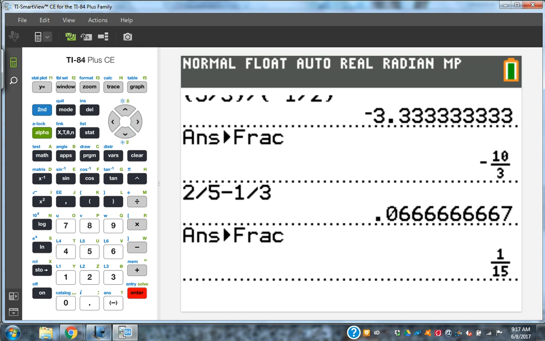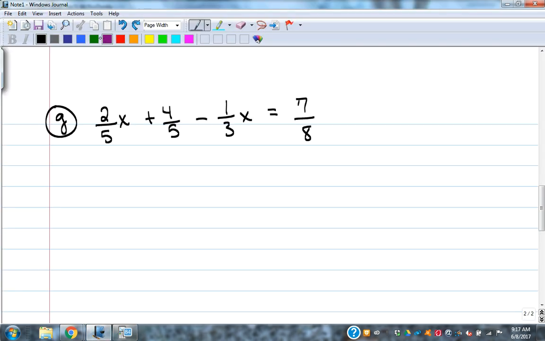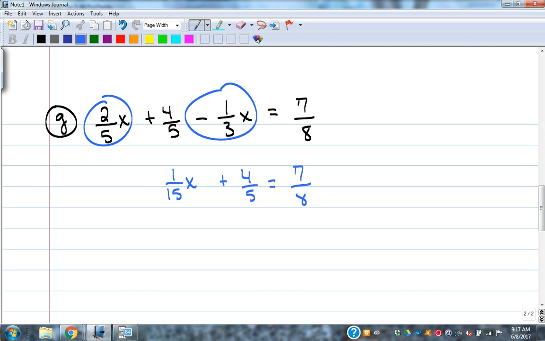So 1/15. When I combine these two, that's 1/15 x plus 4/5 is equal to 7/8. I'm just combining the like terms on the left side.